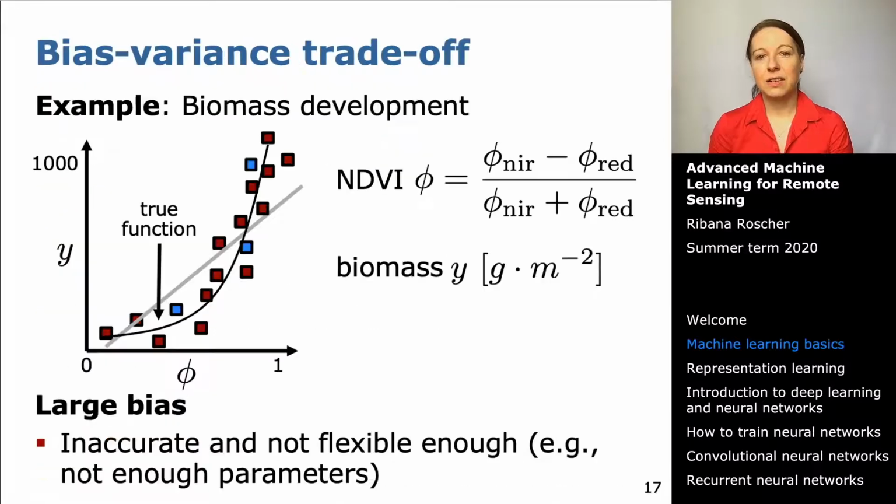So let's have a look at some example. What you can see here are NDVI values computed from the near-infrared and red channel of an image. And what you want to estimate is the biomass. So for some NDVI values, you know the biomass values, and from a few of them, you want to derive a regression model.